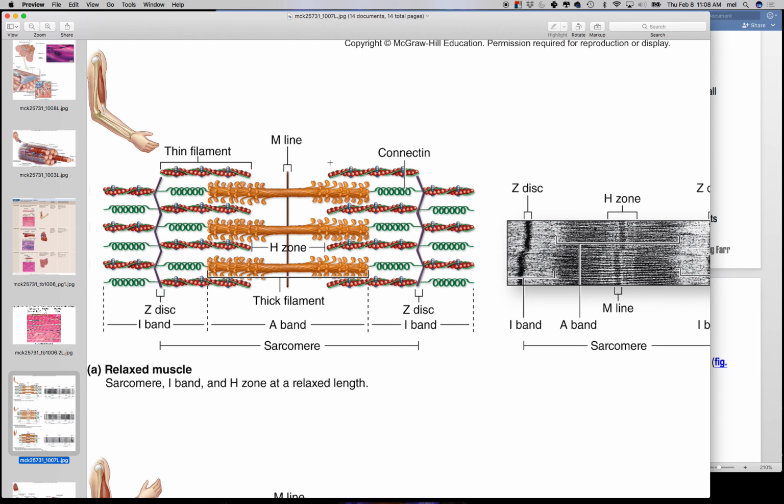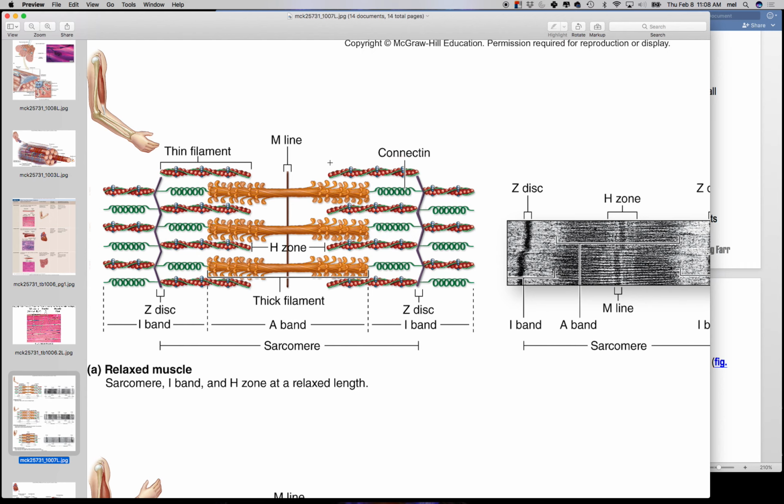You ready? Okay. This structure goes from jagged line to jagged line. This one. I'm going to use this one. Okay.